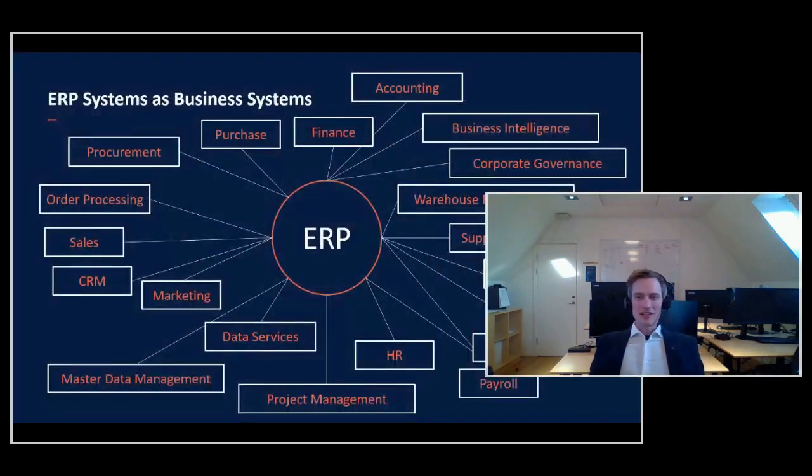Now, this is a very messy slide, and it's a bit on purpose, because if you Google ERP, you'll get tons of very pretty models showing what ERP covers. But the exact lines in practice are very blurry. You have very many different systems that can do very different things, and as you all can see, it's quite a lot.